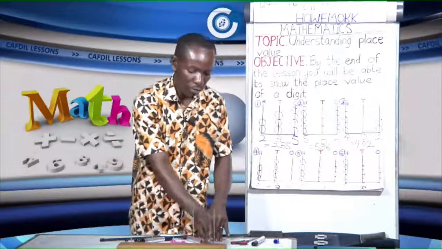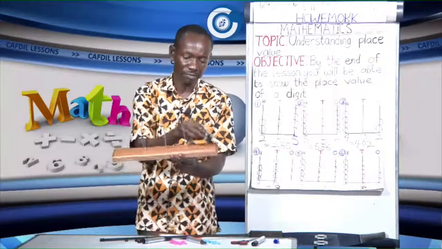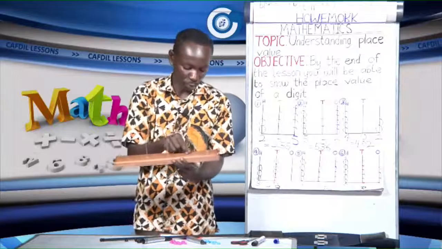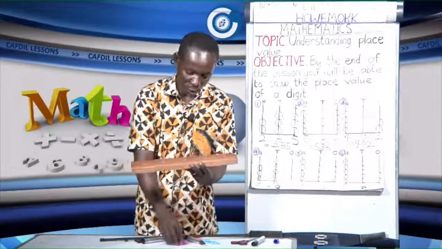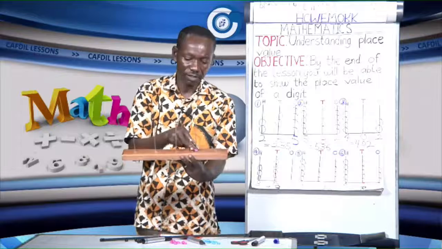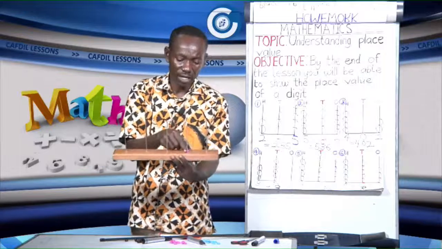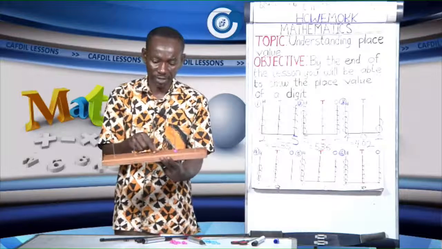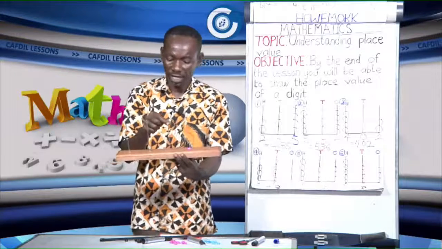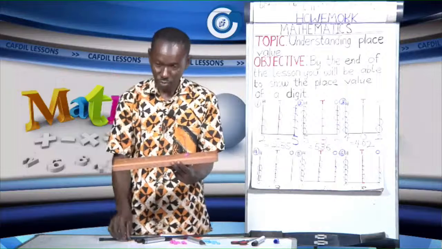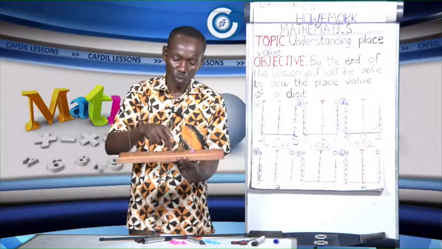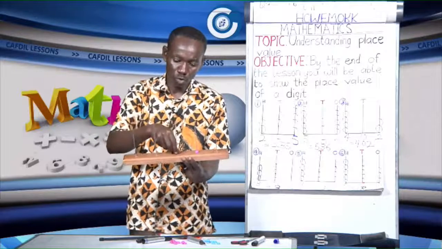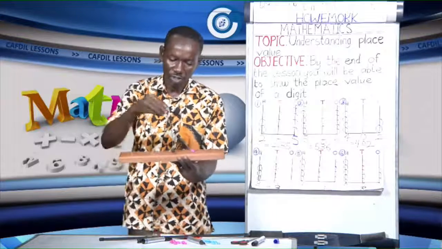For the ones column, I'm not going to put anything there. Now let's come to the tens column. I have only 1. Only 1 under the tens column. I'm going to put 3 under the hundreds column. 1, 2, 3.